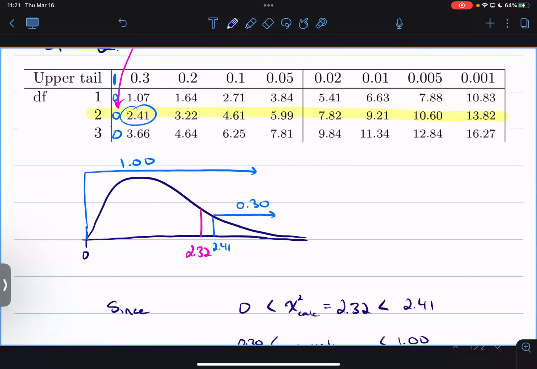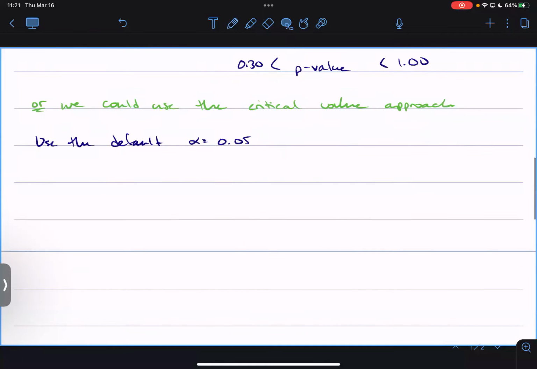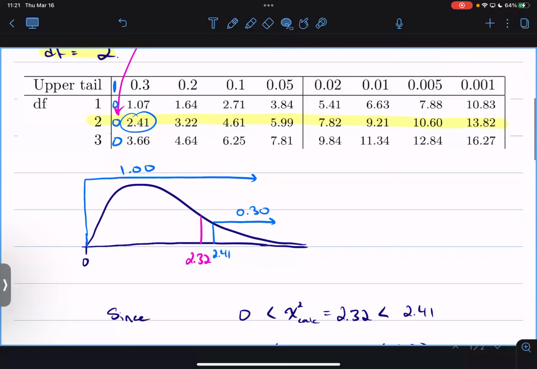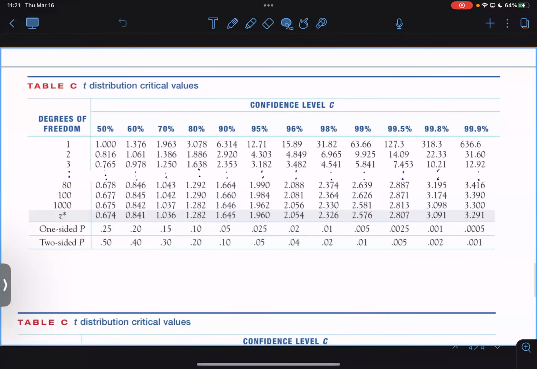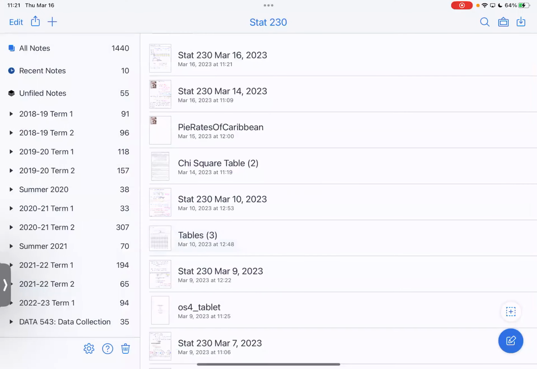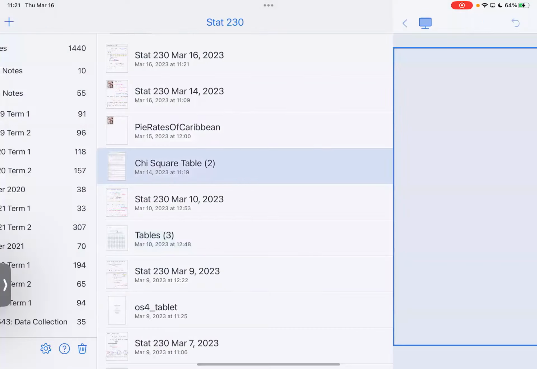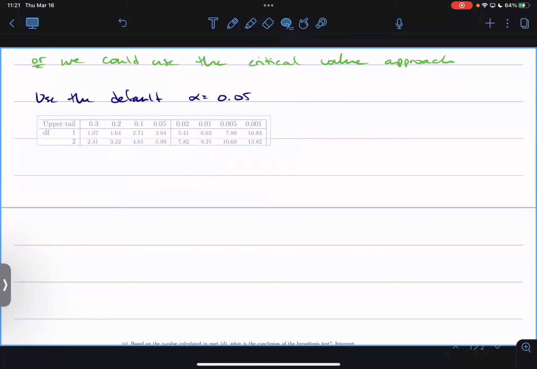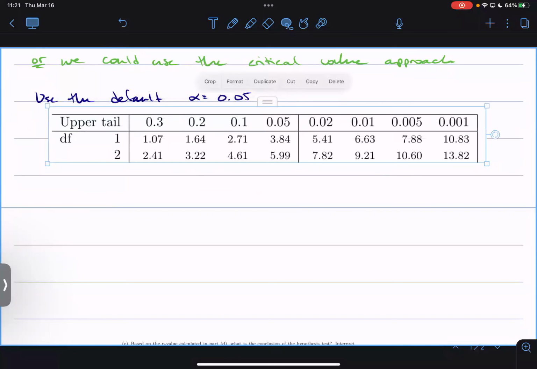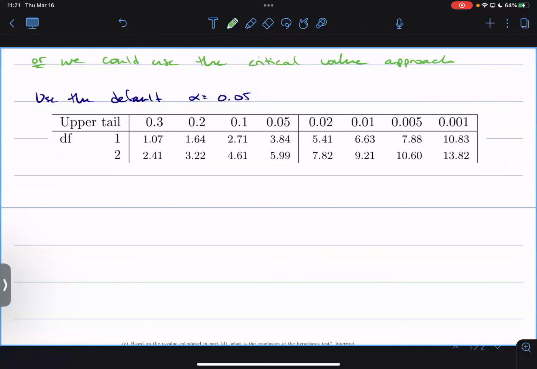So then what we have from the chi-squared table, I can just look at the chi-squared table instead and force the area in the tail to be 0.05.